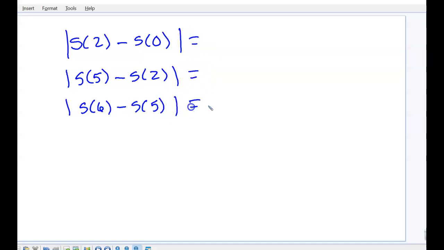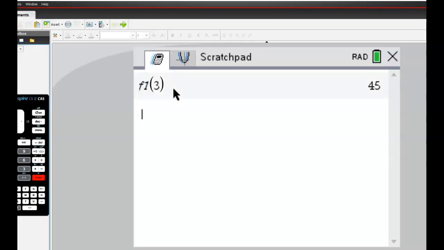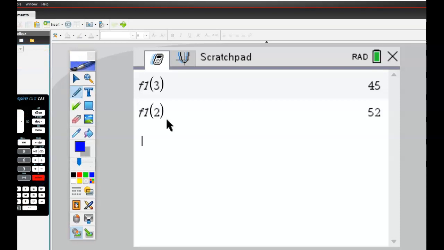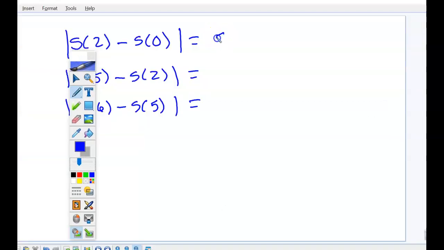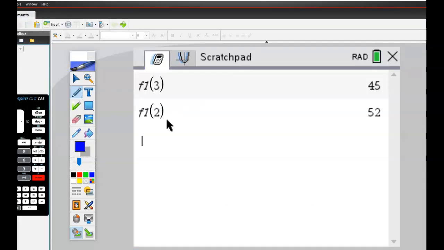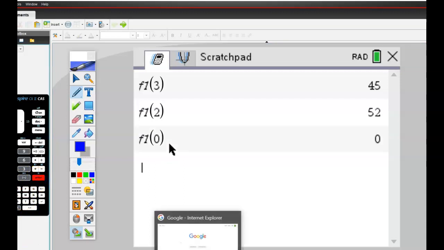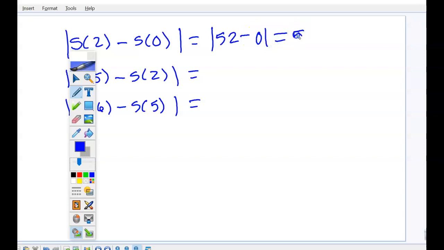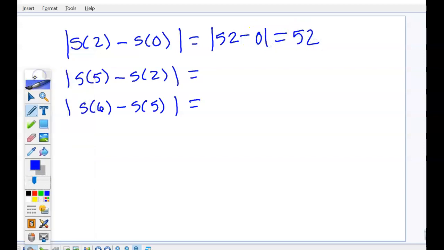Okay, and I'm going to use my calculator again to save us time because we have these functions stored in our calculator. So first of all, I'm going to find the function at 2, and the function at 2 is 52, minus the original function at 0, which is going to be 0. So that means in the first 2 seconds, it's traveled 52 meters.